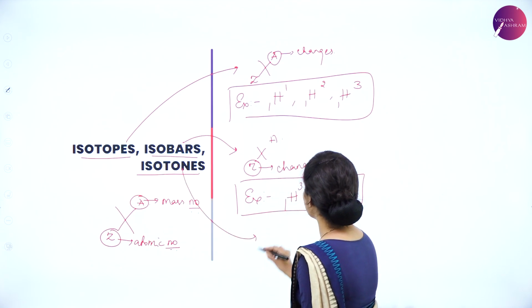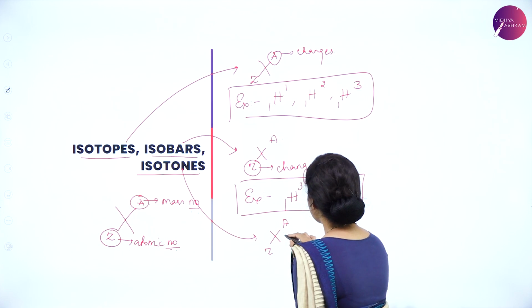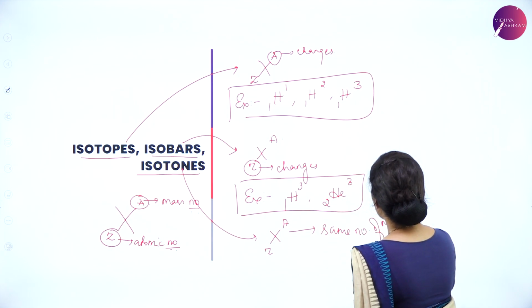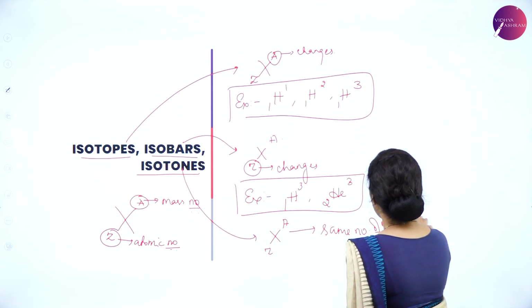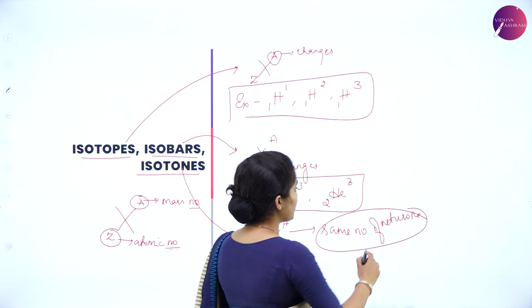When it comes to isotones, the thing is, there is the same number of neutrons in the nuclei. And how exactly can you tell that there is the same number of neutrons?